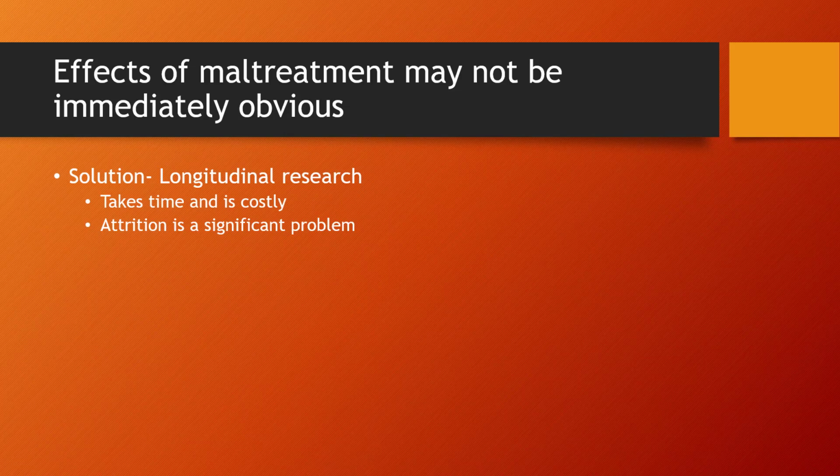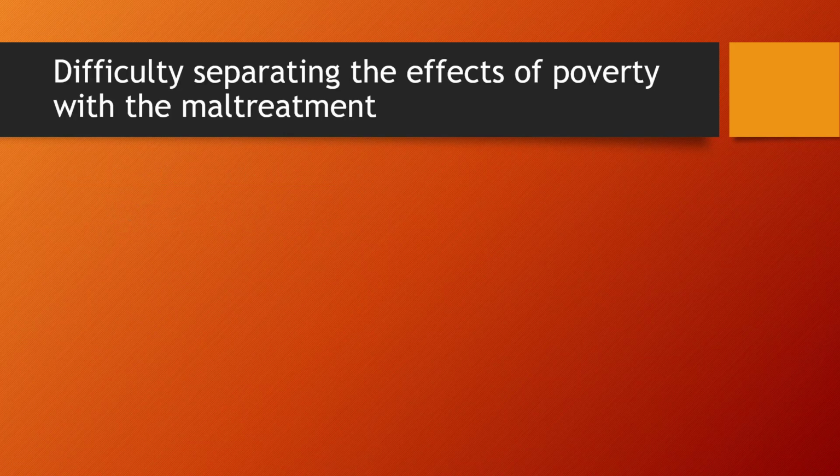Another issue, and a big issue in maltreatment research, is the difficulty of separating the effects of poverty from the maltreatment. Most of the abuse that we're going to be talking about is often confounded with poverty.